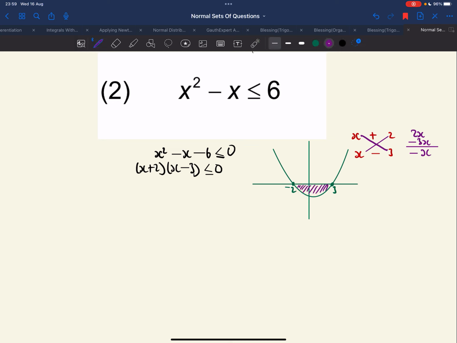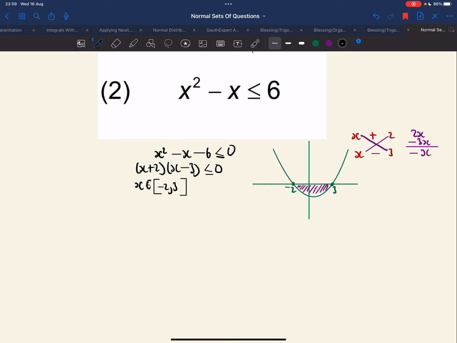So you can say your answer is going to be x is an element of the interval from -2 to 3, and this is your answer at the end.